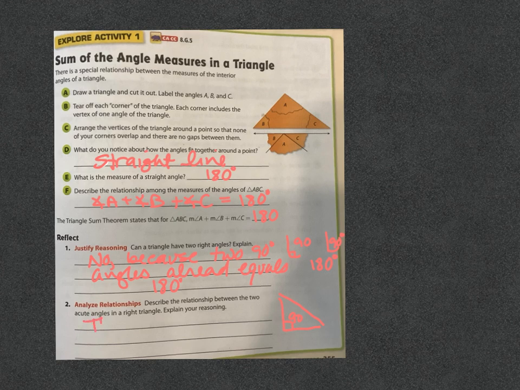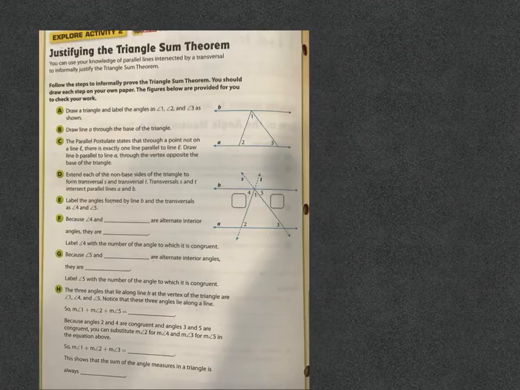So they both will add to 90 degrees to complete that triangle. 90 degrees plus these two together, their sum would be 90 degrees, so that 90, these two plus 90, is 180 degrees.